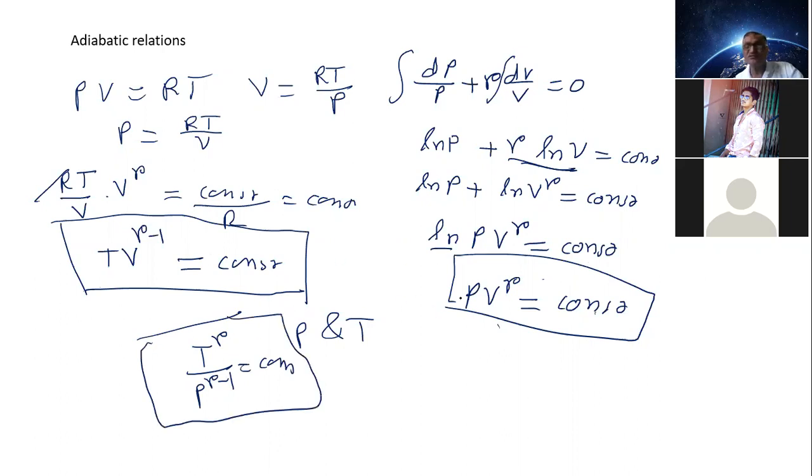All three relations are important. PV raised to gamma is equal to constant, TV raised to gamma minus 1 is equal to constant, T raised to gamma upon P raised to gamma minus 1 is equal to constant. These are the adiabatic relations. We call them adiabatic relations.